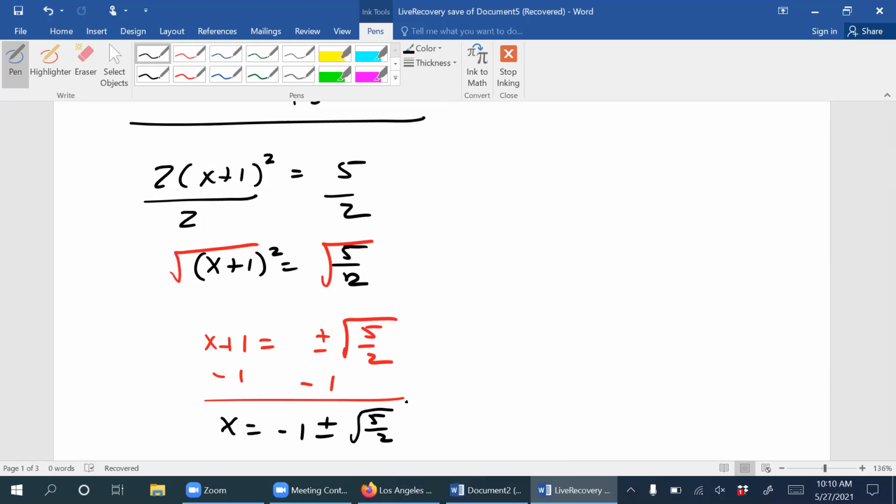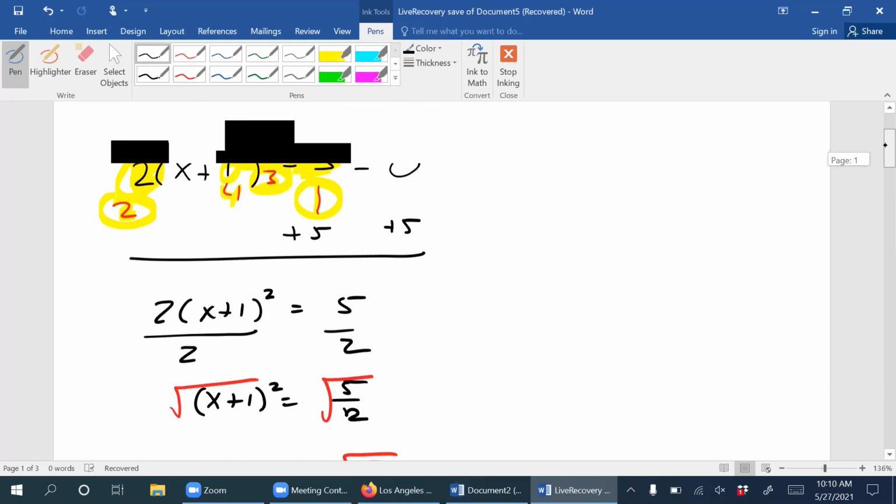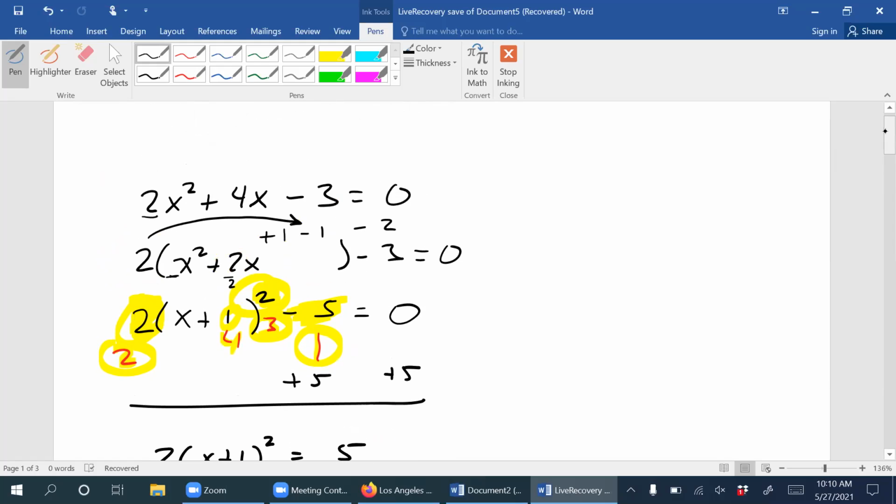Okay. Let's try this again with another problem. Again, this is if it's a level 2 or more. Let's do 3x squared plus 12x, something like that.